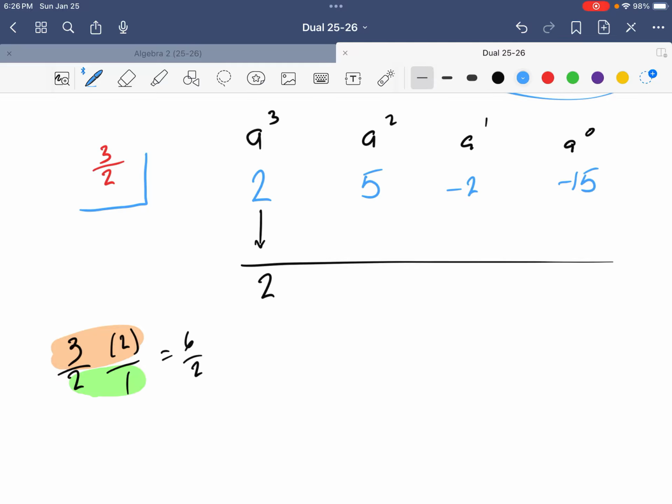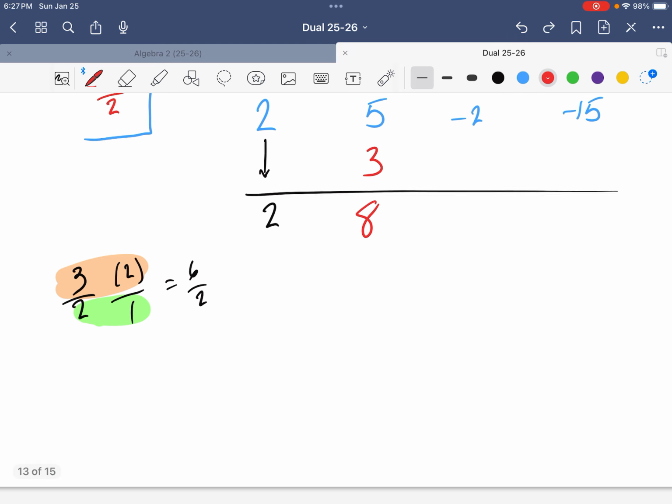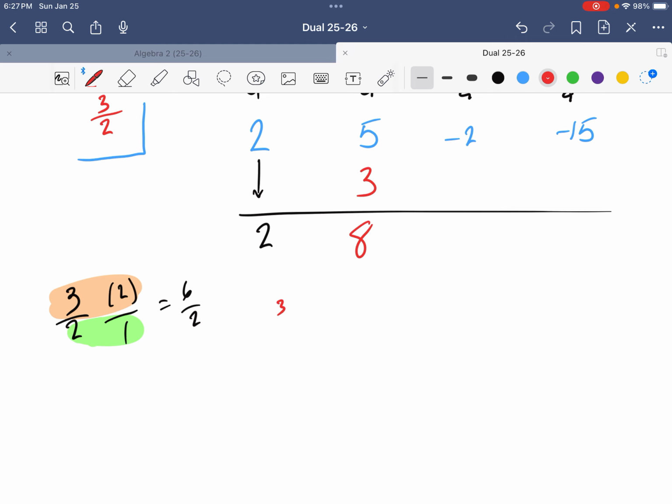So 3 goes in the little box right here. Then you add, right? 5 plus 3 is 8. And now you're going to do 8 times 3 over 2, or 3 over 2 times 8 over 1. Do 3 times 8, that gives you 24. Then 2 times 1 gives you 2. 24 divided by 2 is 12. 12 goes right there.